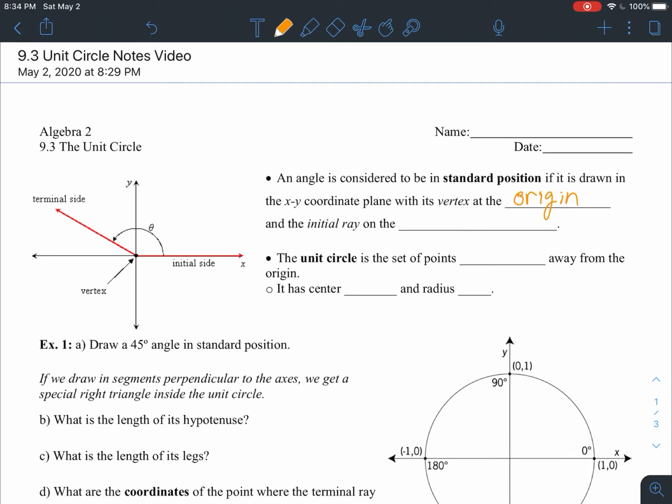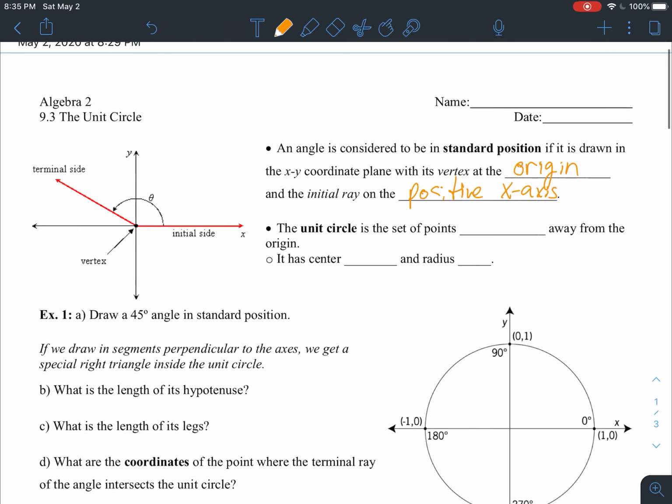The initial side, which also could be called the initial ray, is on the positive x-axis. So always that right side of my coordinate plane. And then the terminal side would be anywhere else in the coordinate plane. But that vertex is at the origin, and the terminal side is going to go off into whichever direction it wants to.